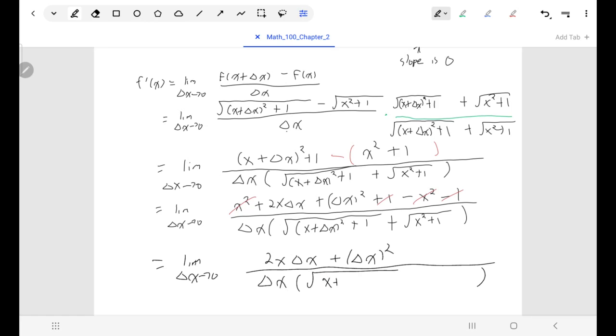So if I'm looking at this, I can see that right now I'm pretty much in a good position because for the numerator, I have two terms, both of them involve delta x, so I'll be able to factor a delta x out of everybody in the top, cancel it with the delta x that's in the bottom, and then hopefully evaluate my limit after that. So I'm going to continue on and do my little factoring and canceling on the next line.